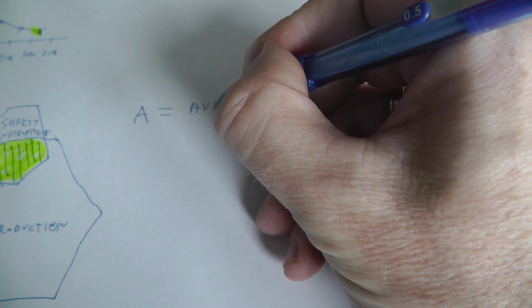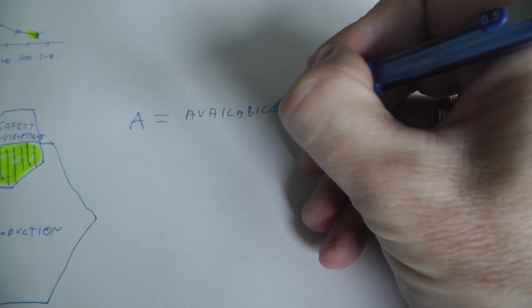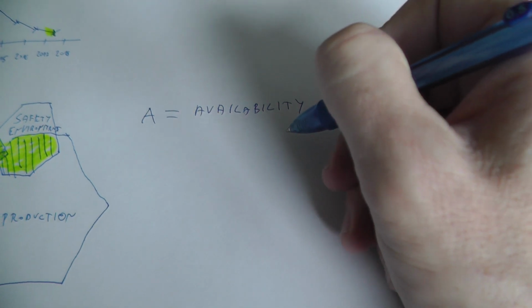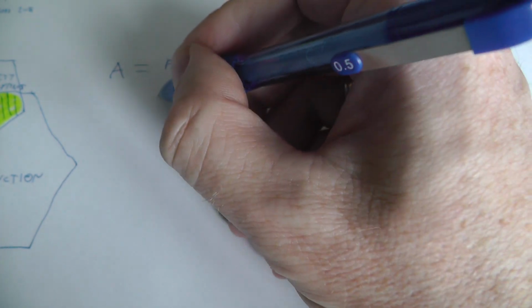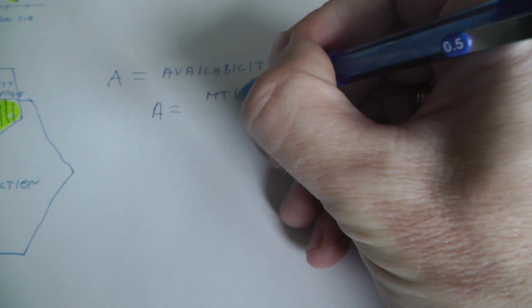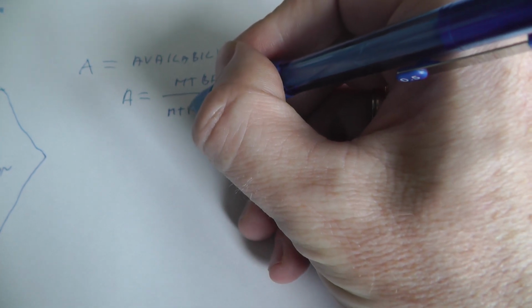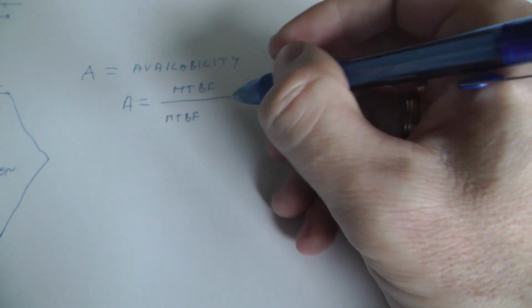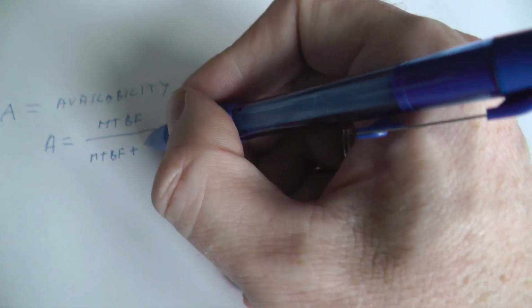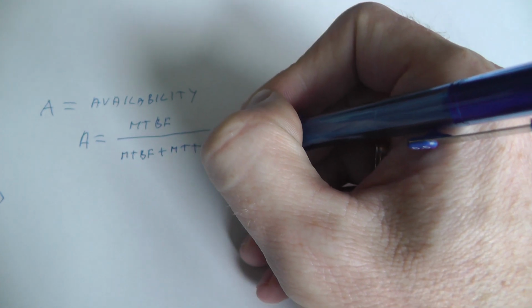A equals availability, and it means A equals mean time between failure divided by mean time between failure plus mean time to repair.